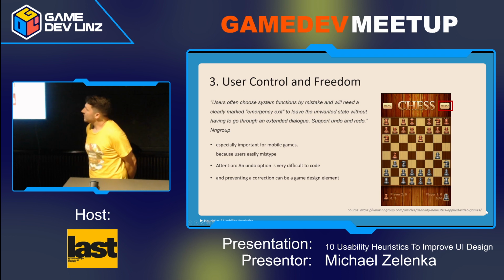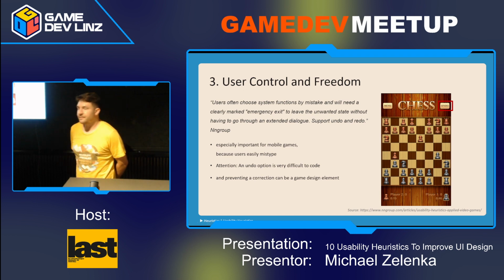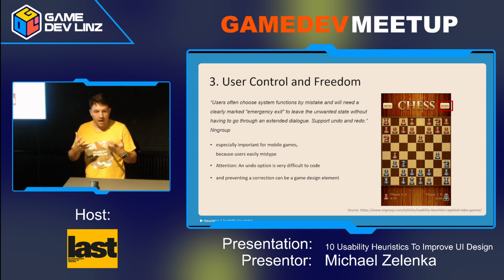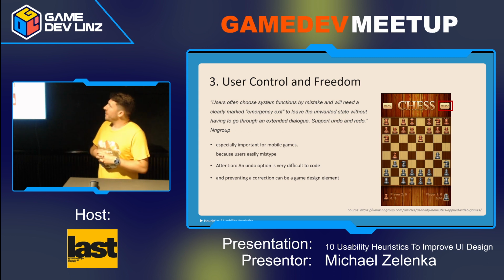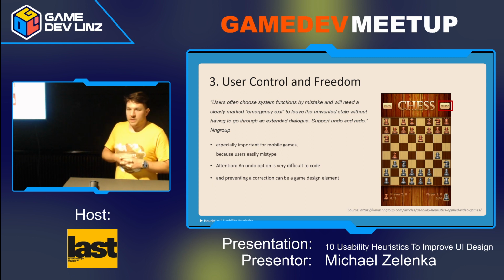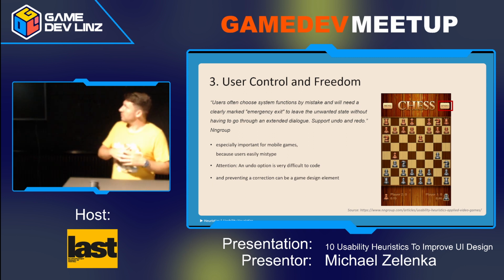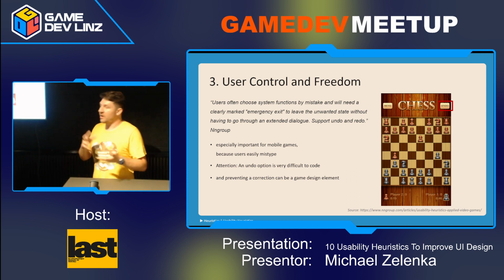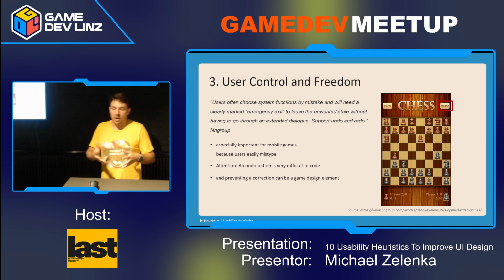The third one is user control and freedom. Here it's very important that you give the player or the user enough control and freedom so they can, for instance, go back and forward as they want, and they also can choose their own speed in the game.